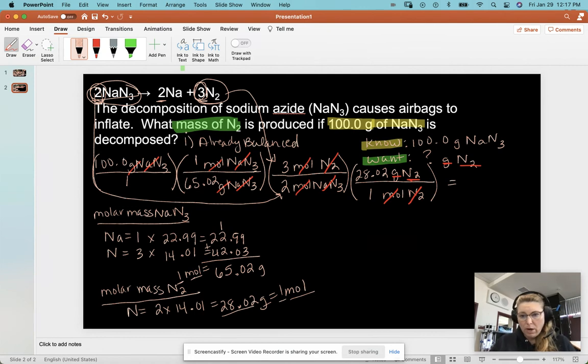So remember that we always multiply all of the top numbers together and all of the bottom numbers together. So this is going to be 100.0 times 1 times 3 times 28.02, divided by 1 times 65.02 times 2 times 1.